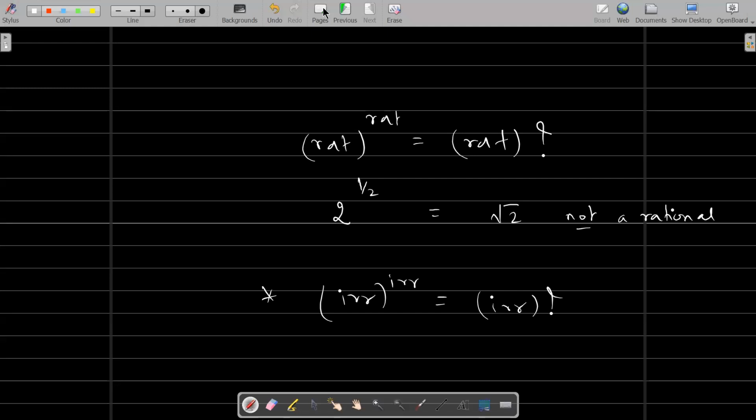We cannot denote what the answer will be. But 3 and 3 by 4 both are rationals. I want something irrational raised to irrational. Oh, sir, then like 2 by 3 raised to 3 by 4. But both of them are rationals. I want both these numbers to be irrationals.